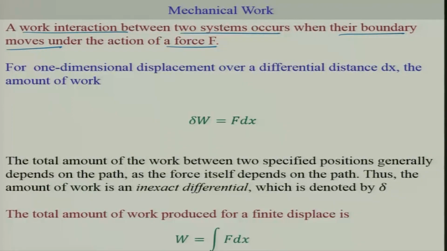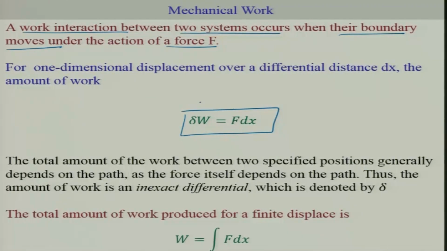For the case of one dimensional displacement over a differential distance, the amount of work is quantified as δW equals F times dx. The total amount of work between two specified positions is essentially going to be the integral of this.